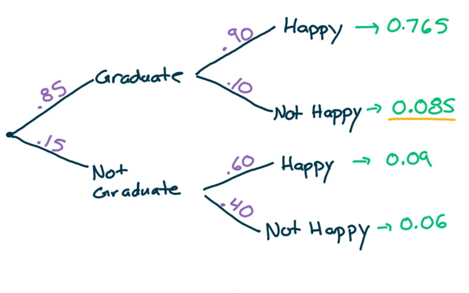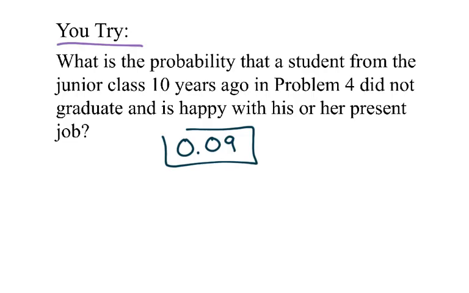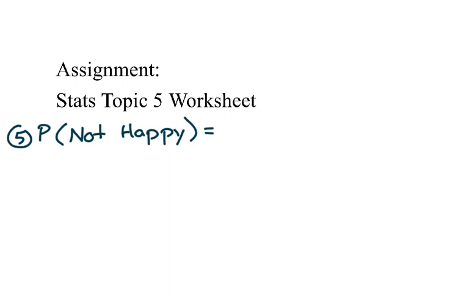So you could either graduate and be not happy, or you can not graduate and not happy. So I'm going to add these two numbers together. So this should be 0.085 plus 0.06, which gives me 0.145.